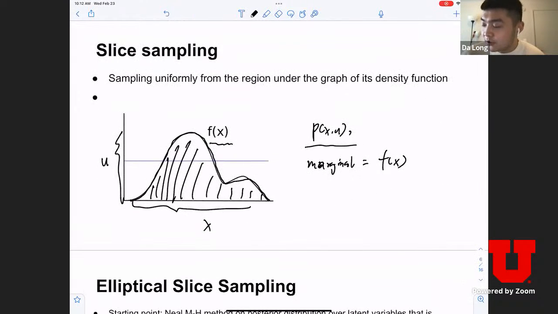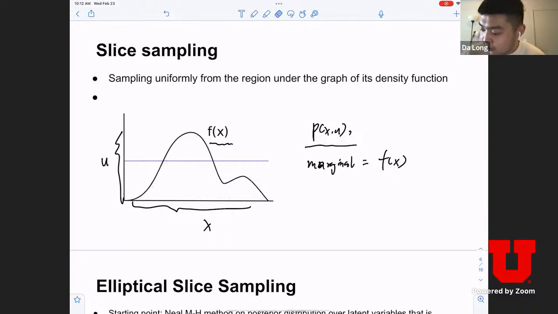So the Gibbs sampling is to sample one dimension at a time. For example, we first sample x, and then sample u, and then sample x, repeatedly like this. So let's give an example here.